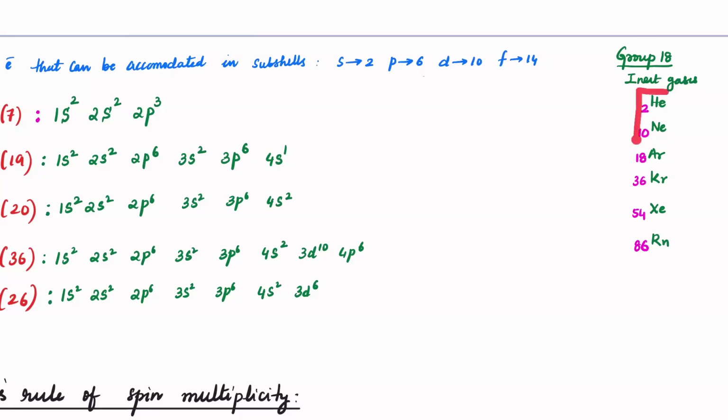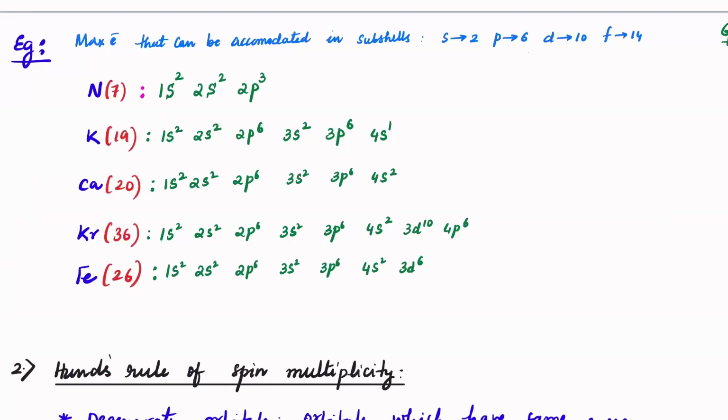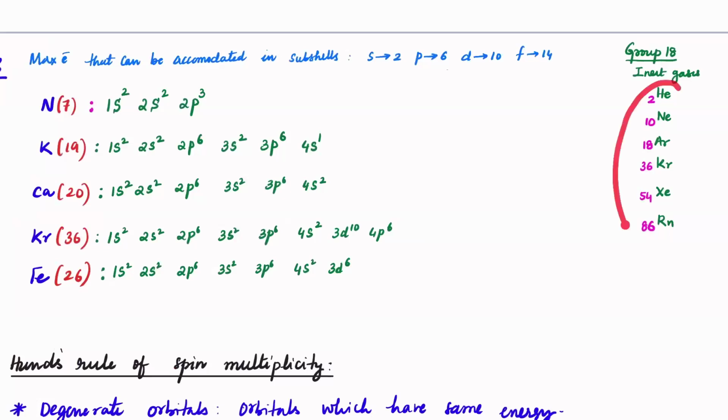Correct? Now, what we usually do, sometimes if this configuration becomes longer and difficult to remember, we will try to remember these numbers. For example, 7. 7 is closer to this one, 2. Check out the lowest number which is closest. So the lowest number closest is 2 here.